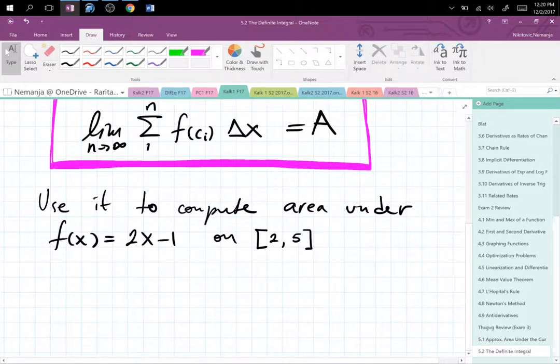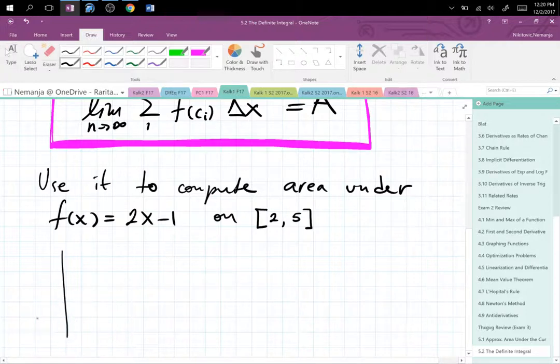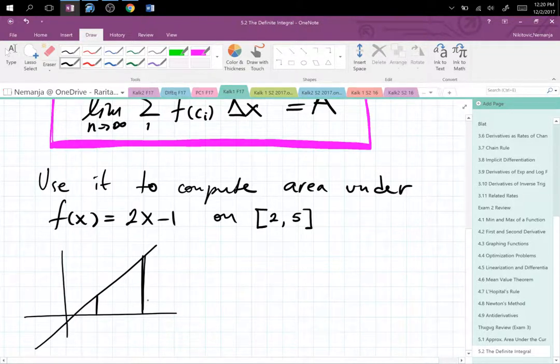So, what do I have? Well, I have this line, and I have my region that I'm considering. So yeah, we can do the geometry and get it because it's a trapezoid, so easy. But let's say we don't know how. So I'm going to put a few rectangles here. Obviously, the first value is a, which is 2, the last value is b, which is 5.